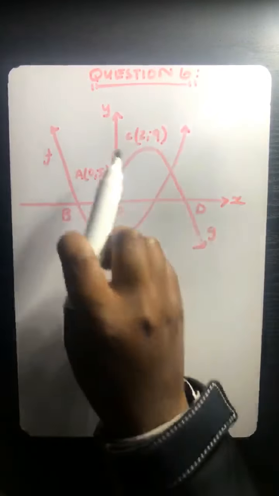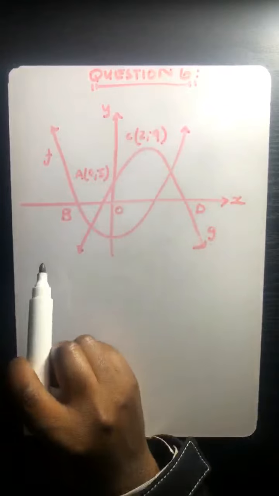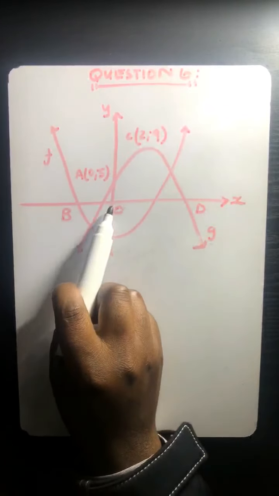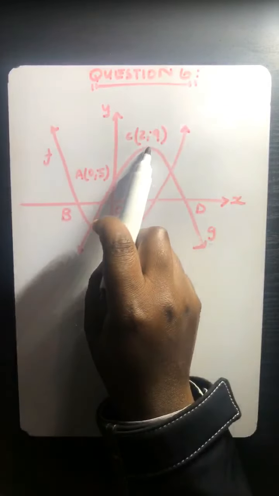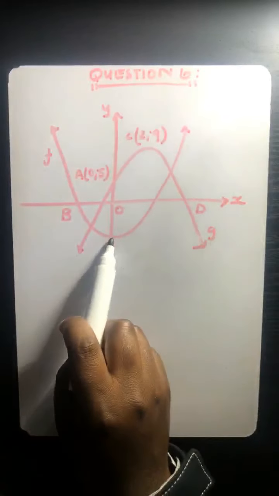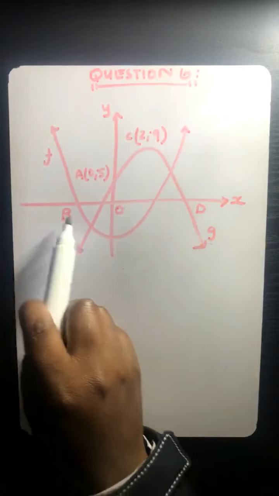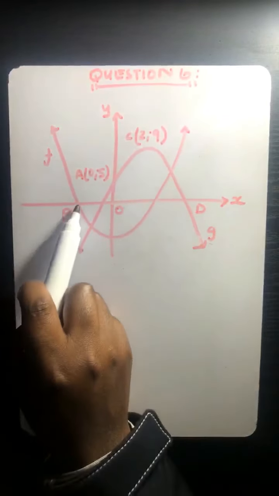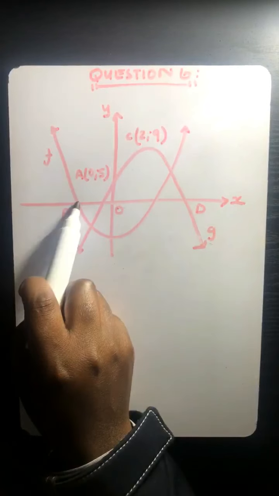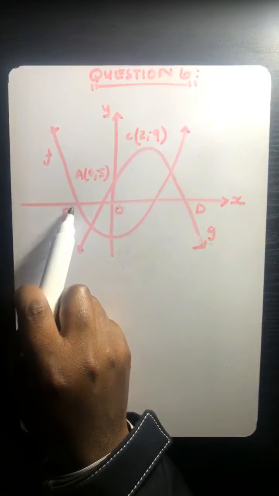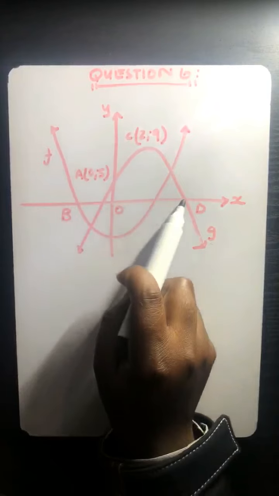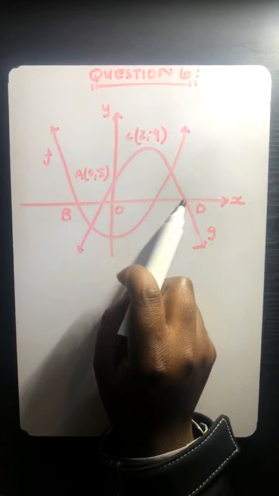There is our Cartesian plane having the x and the y axis, and there we've got the origin. This is the turning point of the graph of G, and this is the turning point of the graph of F, and we have that point being the x-intercept of F, and that point being the x-intercept of G.